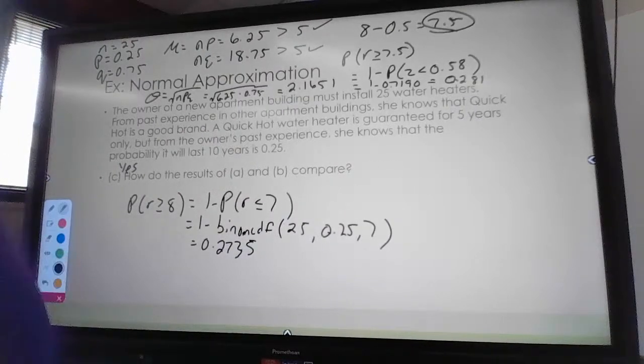Now, how do the results of A and B compare? Once again, we have our normal approximation being a slightly bigger probability than our original binomial probability calculation.